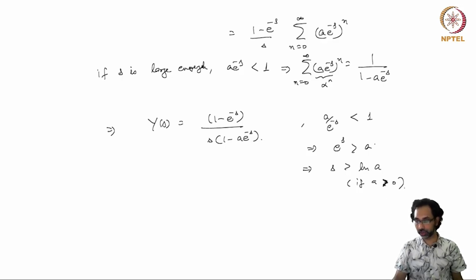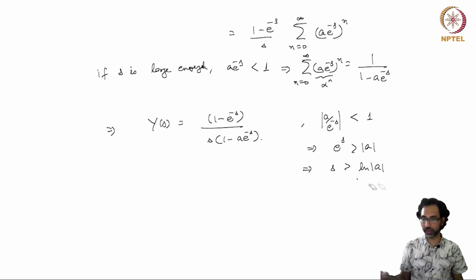If a is less than 0, we can still write it as a modulus, and we will have s greater than ln mod a. So for this value, this Laplace transform is valid, and we get this as our Laplace transform for the function a raised to the power the greatest integer function of t.